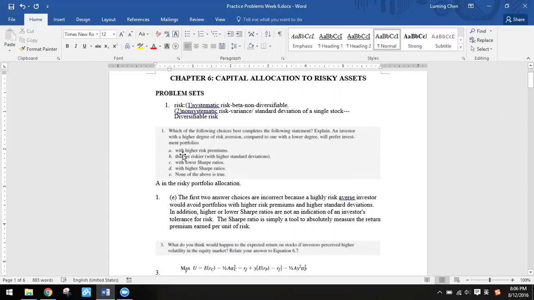So it has nothing to do with a higher risk premium, because if you have a higher degree of risk aversion, the risk aversion is embedded into the utility function.